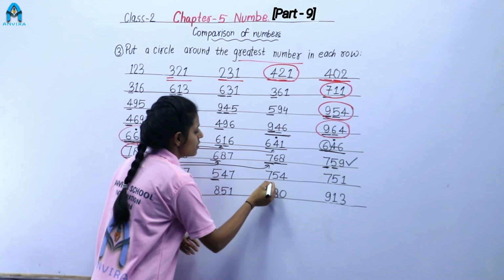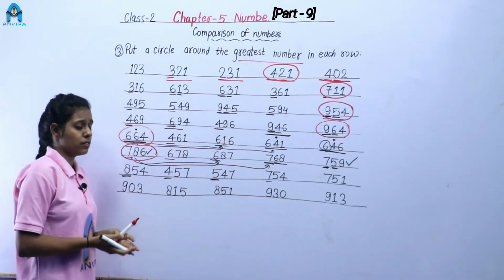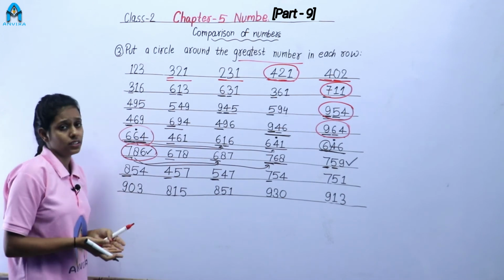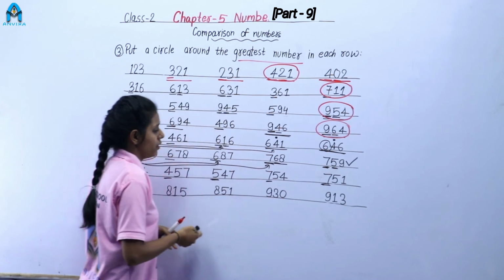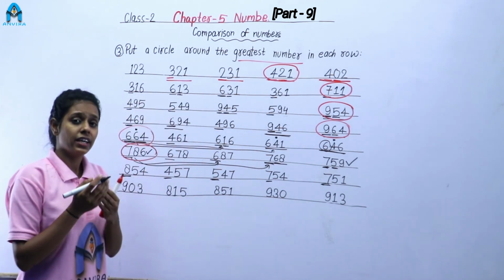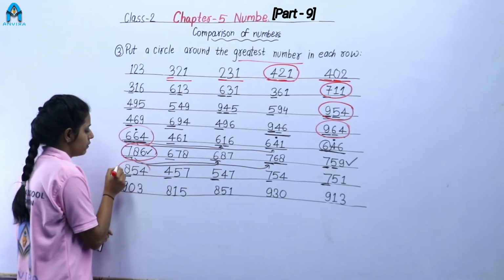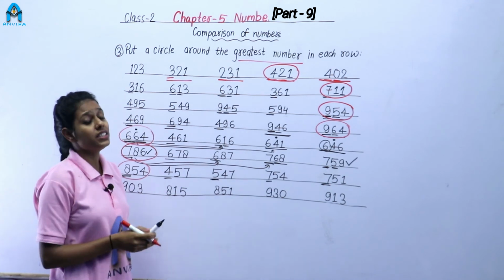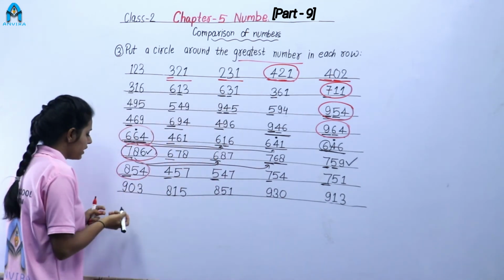Next is 700. 8 and 7. Here is also 800 is greatest. Next is 700. So, in this also 800 is greatest. That's why we say 854 is the greatest number in this row. Let's go to the next.